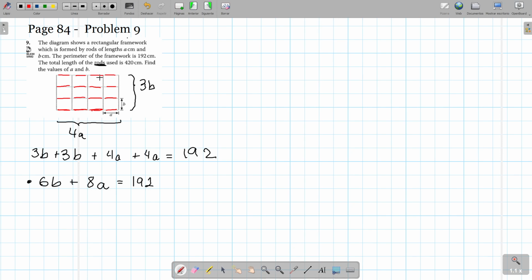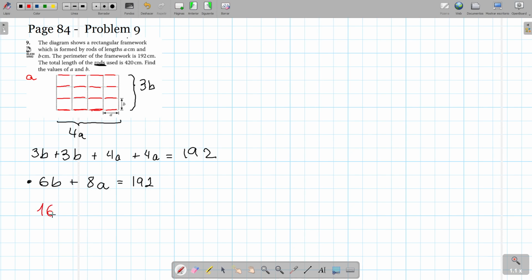So the rods with the length of A, I'm going to write it in red. We have 1, 2, 3, 4. We have 16 in total, counting 1, 2, 3, up to 16.